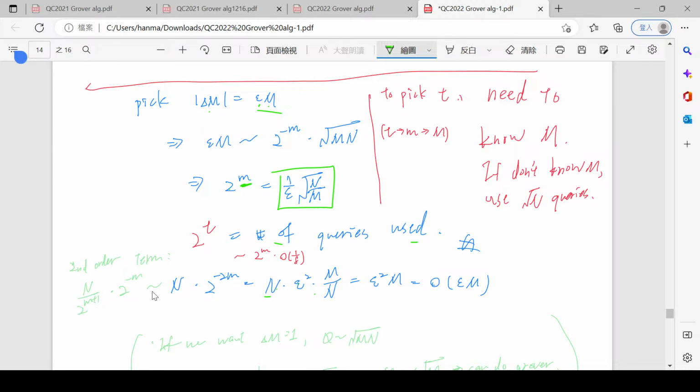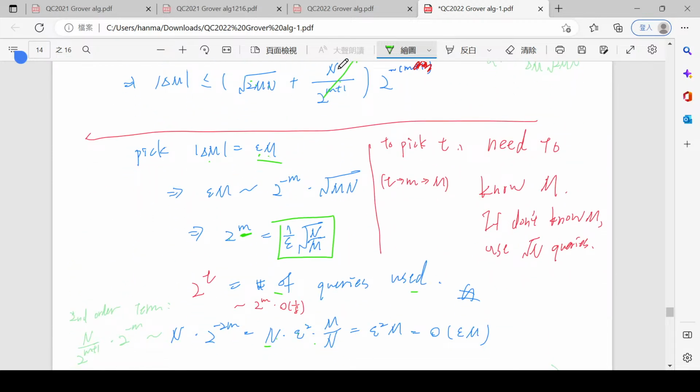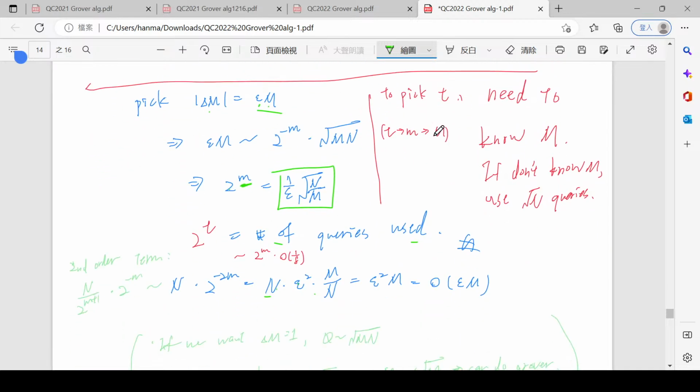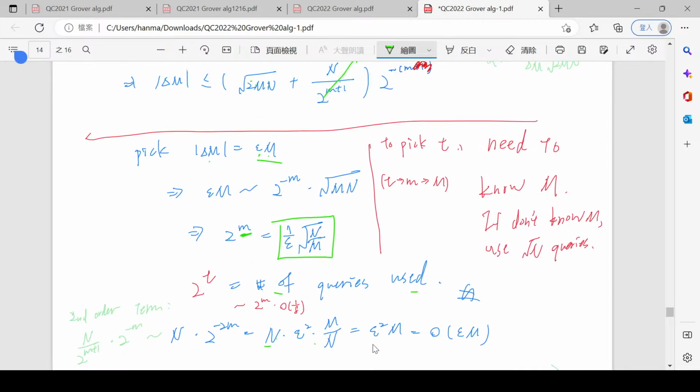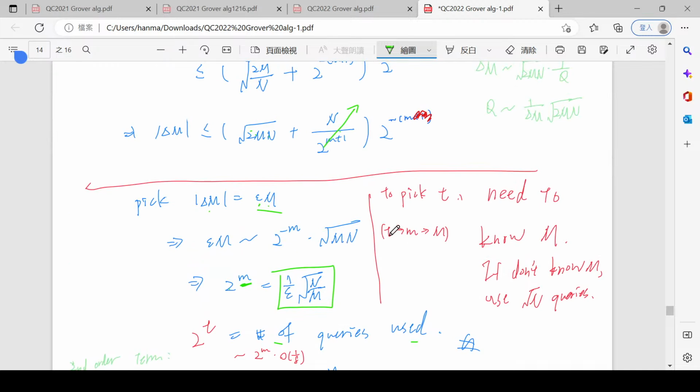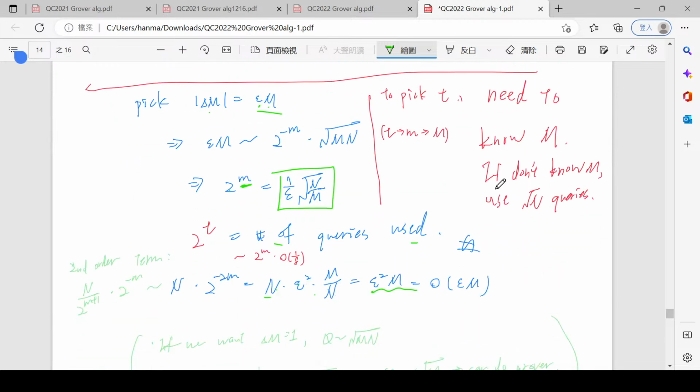And anyway, what I want to say is the extra correction you get is about epsilon squared times m, and obviously epsilon is less than m, so the extra term is small.